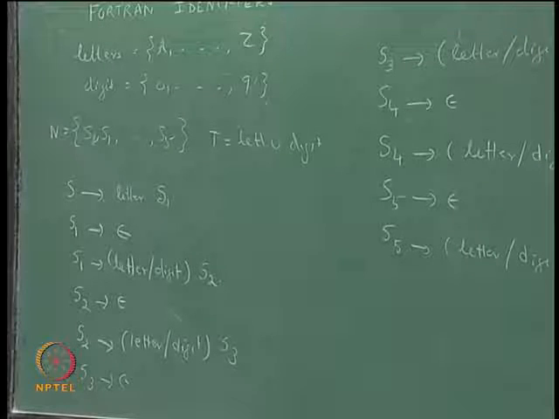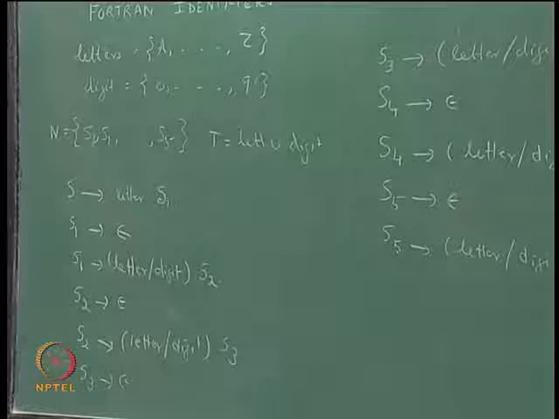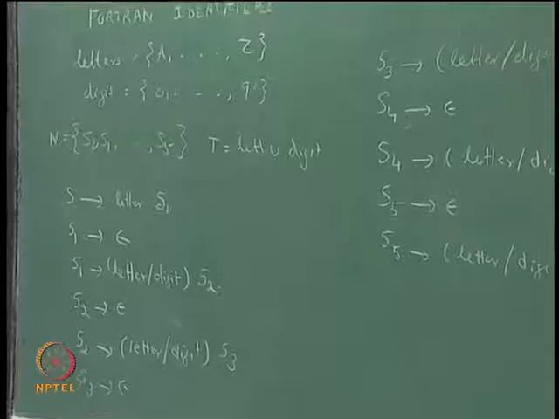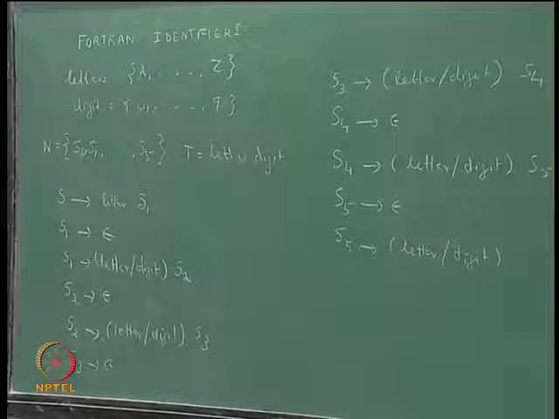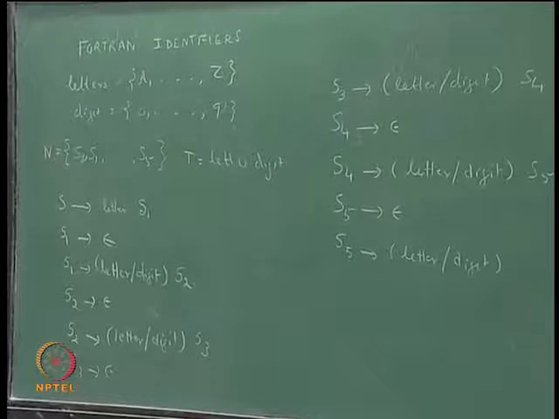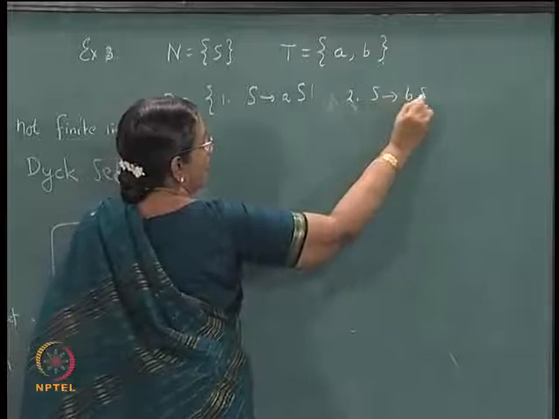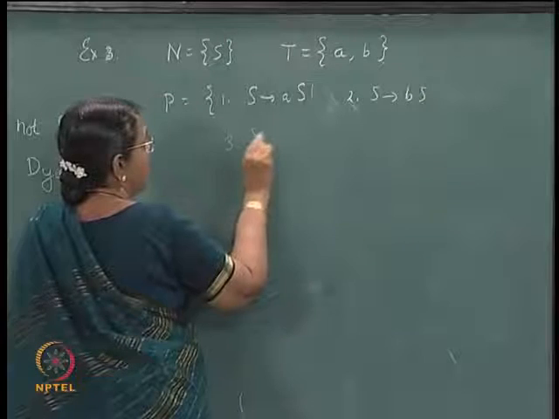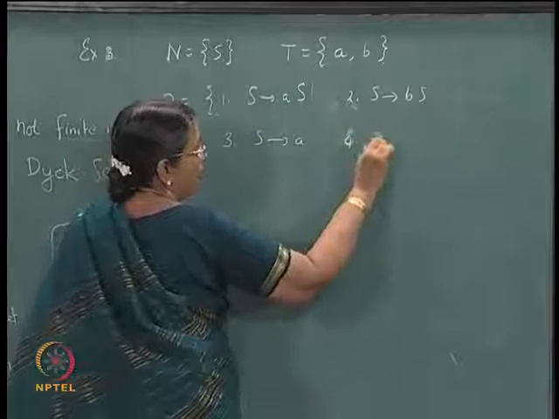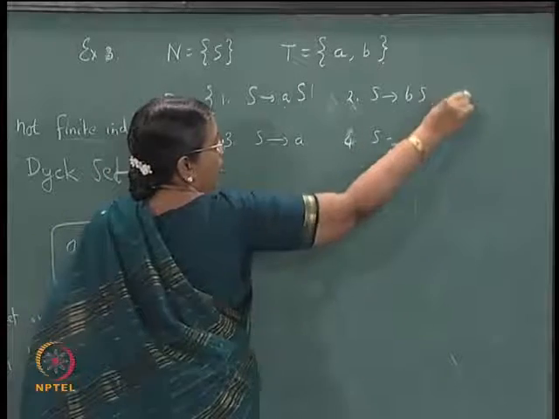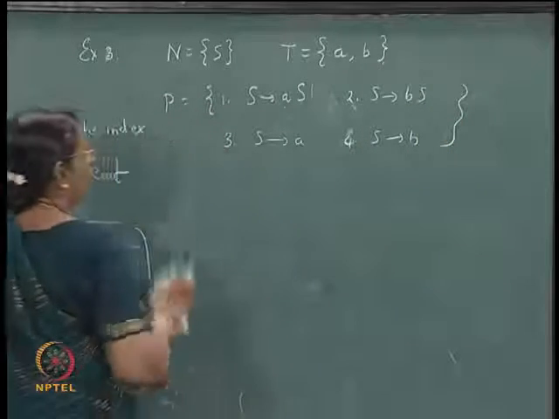Now going back to type 3, look at this grammar. Let us consider one more example. The grammar has 4 rules.